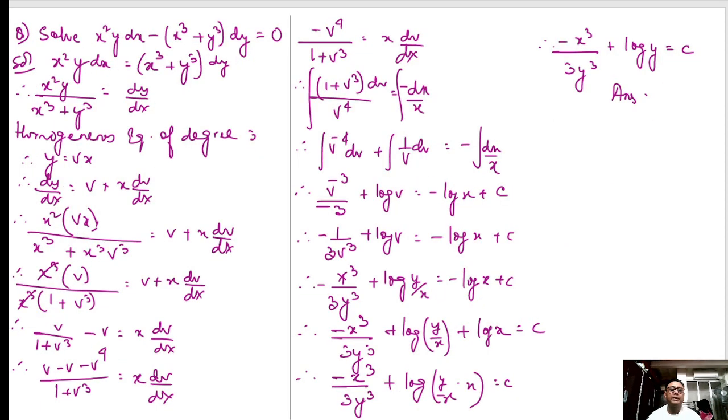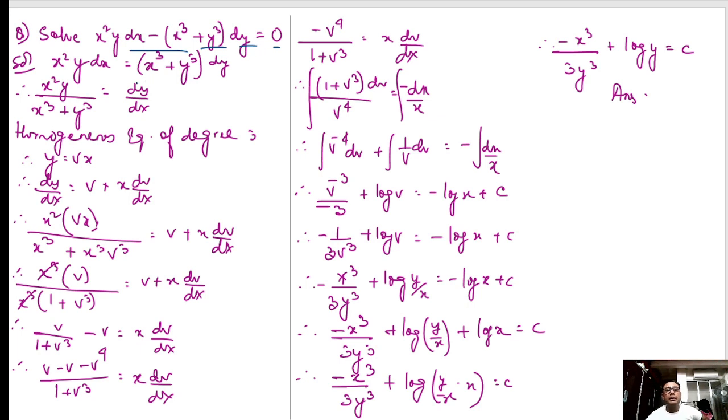Okay friends, let's see the next sum. So we are seeing this sum. That means solve x square y dx minus x cube y cube dy equal to 0.